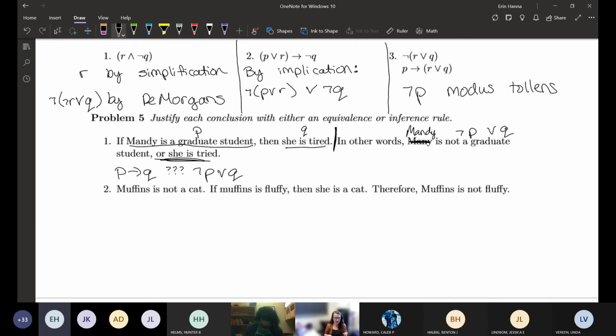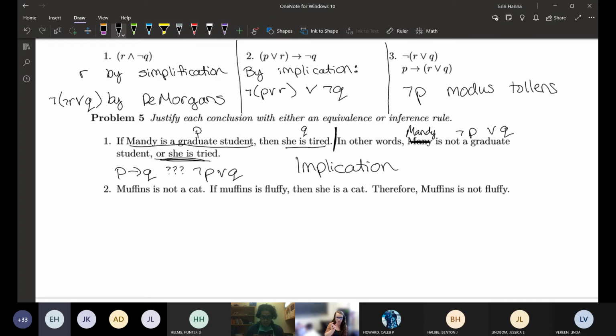There are 3 rules that deal with implications: implication, and our modus rules. Modus needs 2 things to be able to imply something else. We only have one thing heading to one thing. And if we look at our implication rule, it's a P implies Q that goes to not P or Q. So this would be by implication.